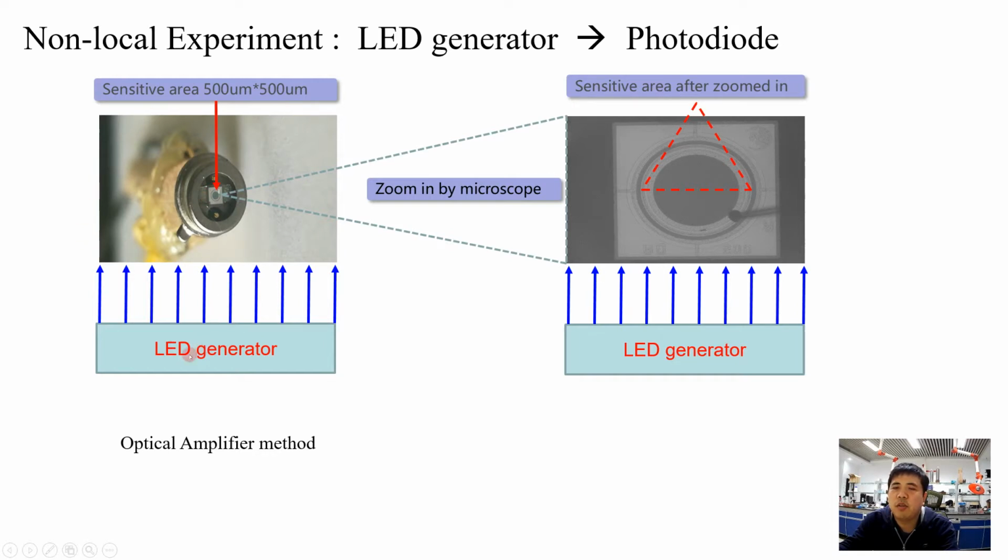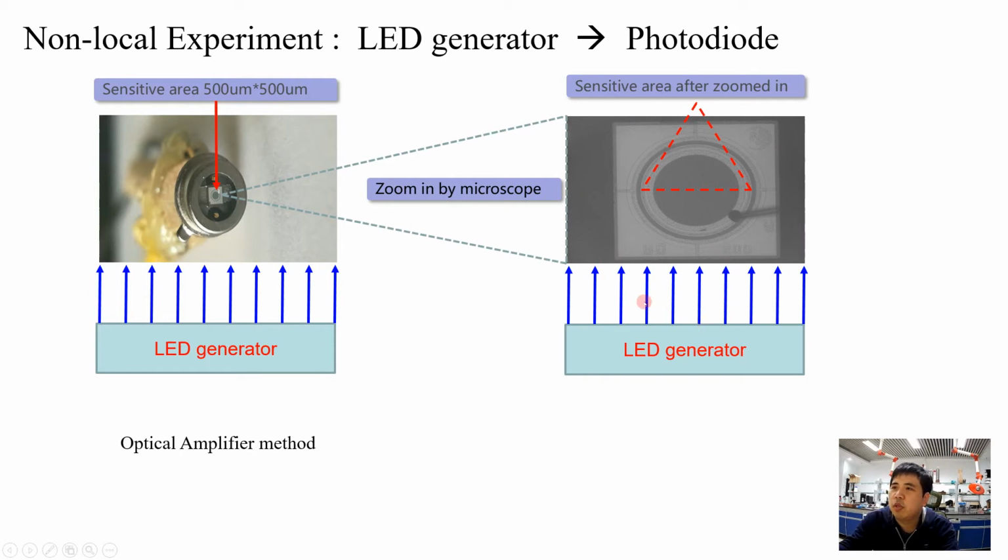So if we use the LED generator to impact the picture, only a few emissions can be added on the sensitive area. But if I use a microscope to take the photo of the sensor, we can see the sensitive area after zooming in will be much bigger relative to the whole picture.